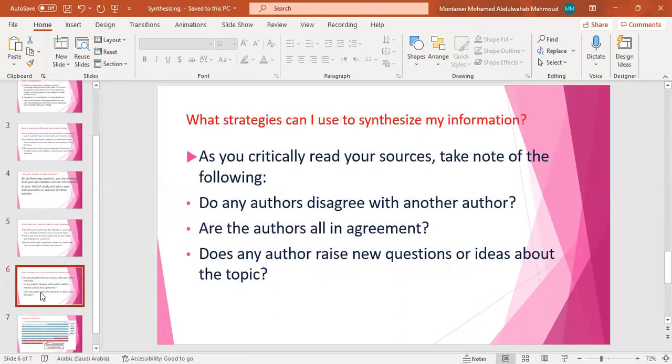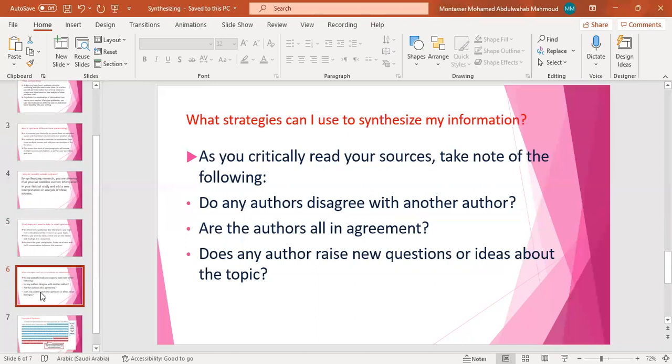Do we have any strategies that we can use when we are synthesizing any piece of information? Yes. Don't forget, the first step to be able to do synthesizing is to read critically. So as you critically read your sources, you take notes of some of the most important points that will help you to synthesize the information.